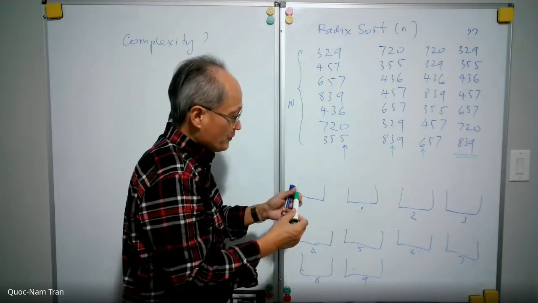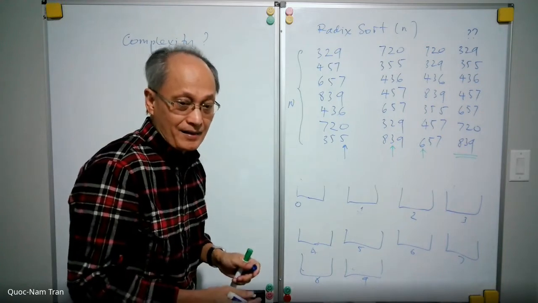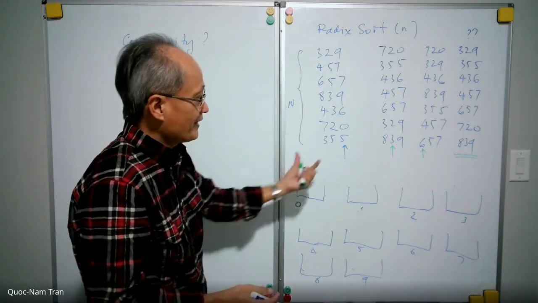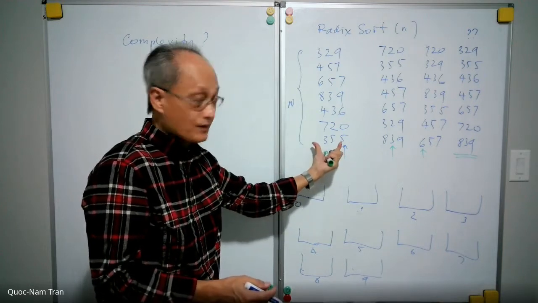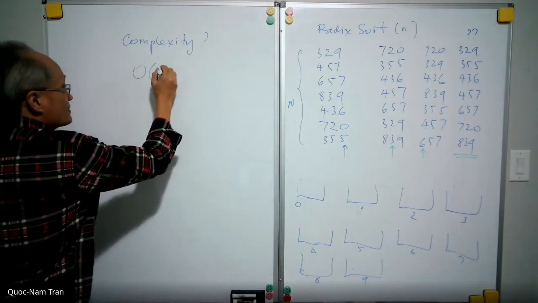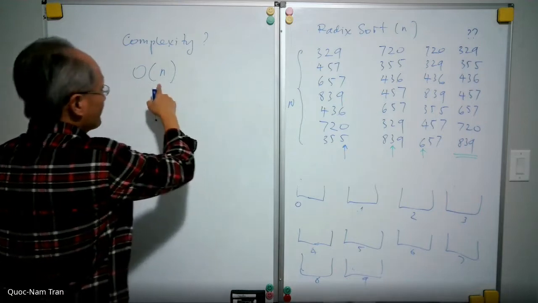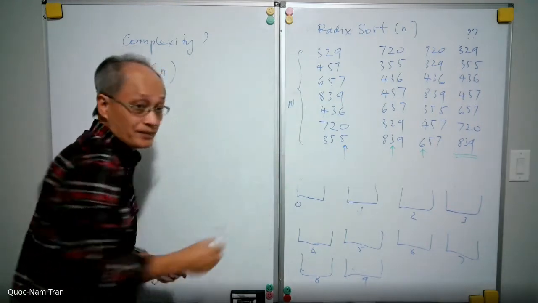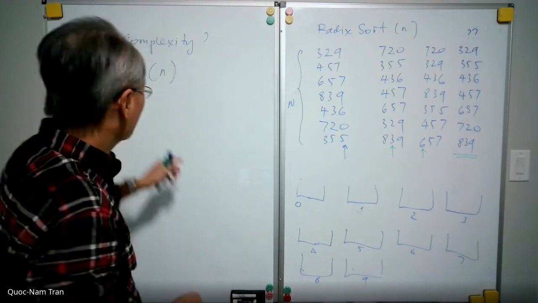Okay, so if we have n numbers and a fixed number of digits for all of them, then it's big O(n), okay? Where n is the number of numbers that we have to sort, right?